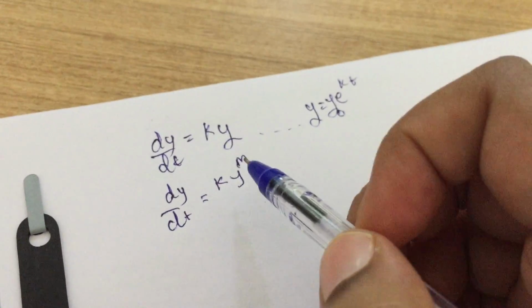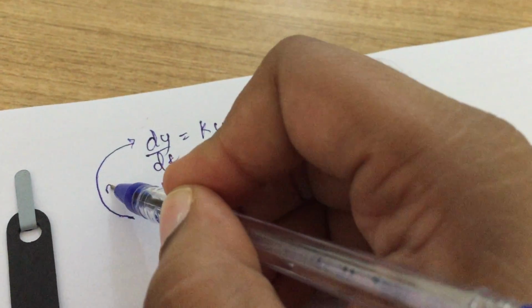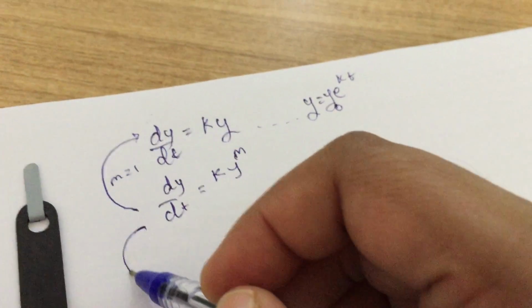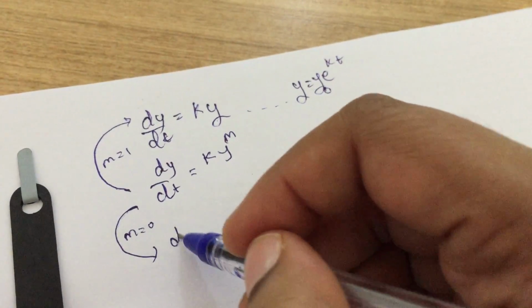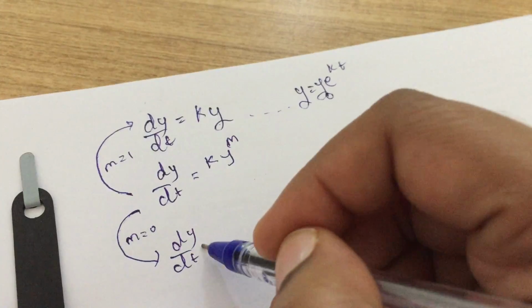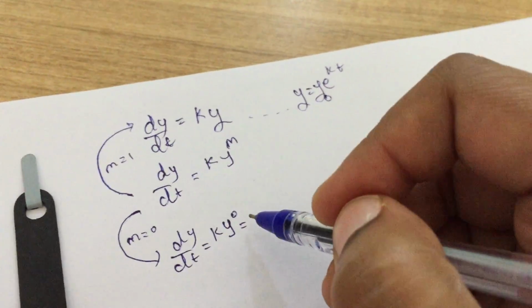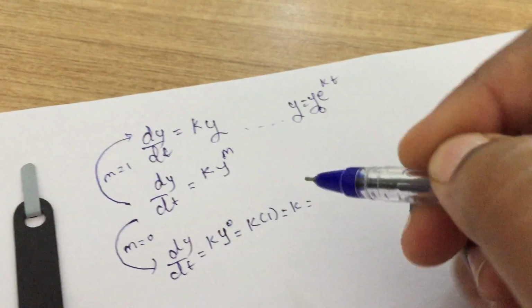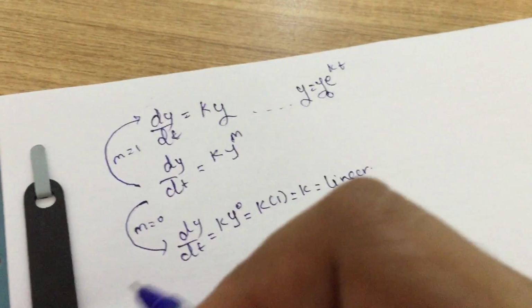Now, the advantage I get with this is by varying m. Say if I make m equal to 1, I get this equation. If m is equal to 0, I get this equation, k y0, which is k1, which is k, which is linear growth.